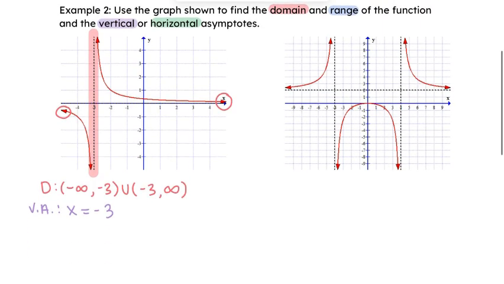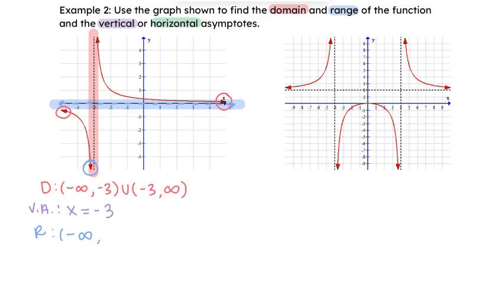Okay, then looking at my range, how far down and how far up my graph goes. So this arrow down here means that it goes down to -infinity. And it's kind of hard to tell because it kind of blends in with our axis, but we do have something going on here. It's not touching our axis. We've got a horizontal asymptote going across there at 0.